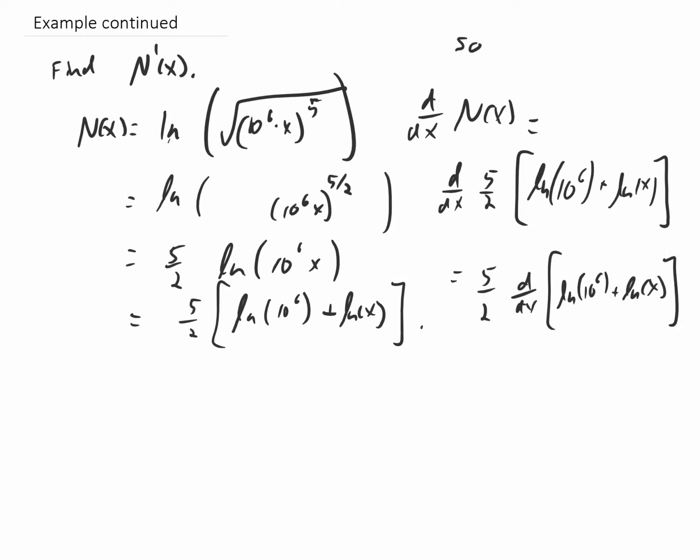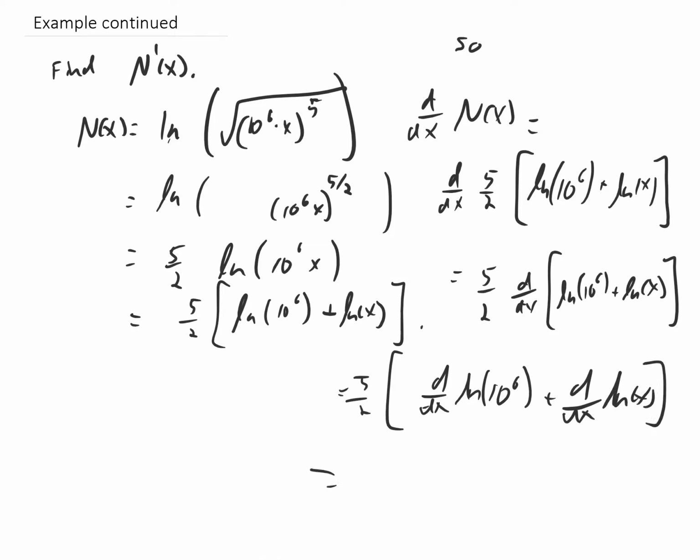And then we'll use the addition property to distribute the derivative operator. So that's 5/2 times, in parentheses, the derivative of natural log of a million plus the derivative of natural log of x. So get that 5/2 out there.